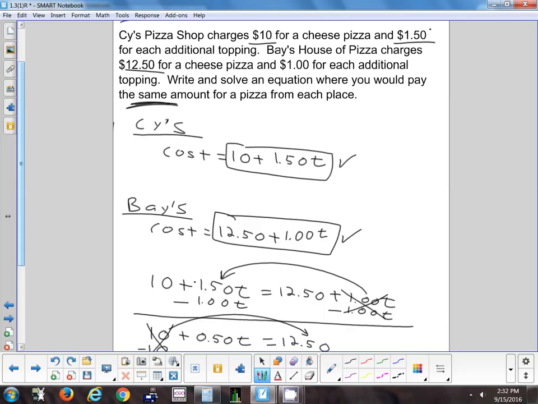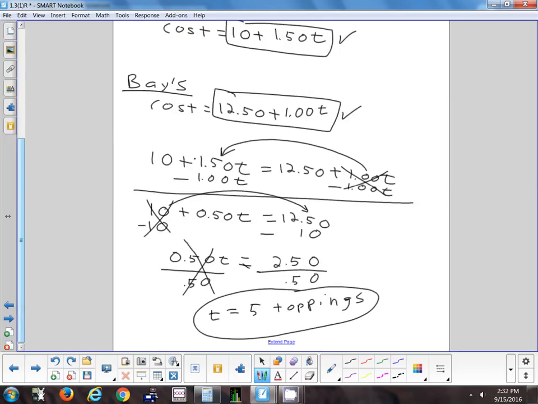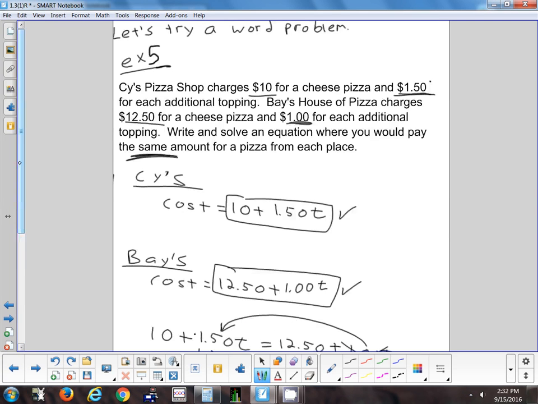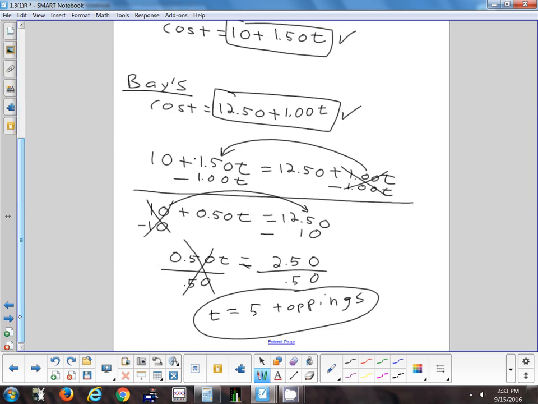Right, because Bay, even though he charges a little bit more money for the pizza, if you're going to buy 30 toppings, he's only $1 extra per topping, versus Cy is $1.50. So if you get 30 toppings, it's going to cost you a lot more money at Cy's. If you're only going to get 5 toppings, doesn't matter who you buy it from. If you're going to get less than 5 toppings, I would go with Cy. Because even though she's more money per topping, her pizza is cheaper at first. So if you're not going to get that many toppings, she's cheaper.